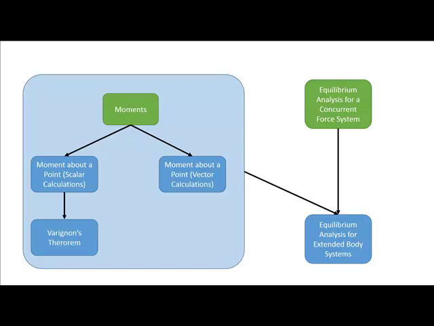So just like we could break down forces into x and y components earlier on, we're going to take those same forces and break them down into x and y components again, and by breaking them down into x and y components, it actually makes calculating the sum of a bunch of moments a lot easier. So generally we're going to use Varignon's theorem, break down those forces, and find the moments individually of each of the components.